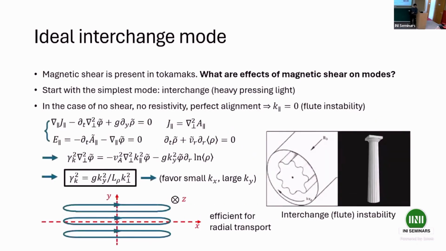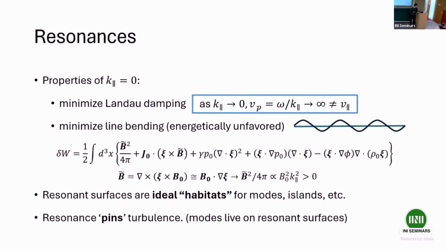In this part, we focus on the periodic cylinder, so it has periodic conditions in both the poloidal and the toroidal directions.